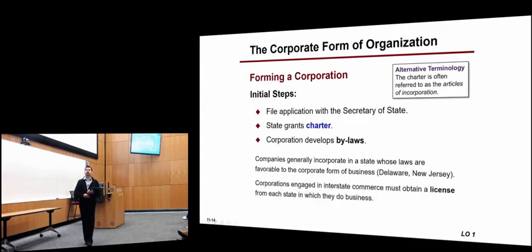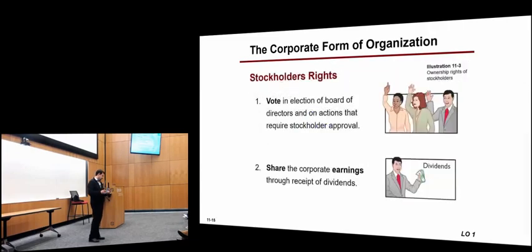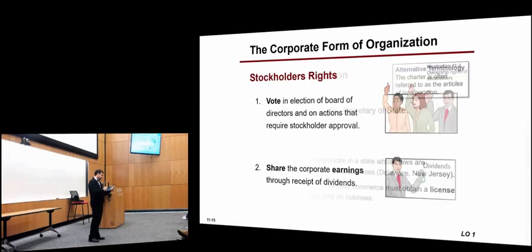Now, how is a company formed? A corporation is formed, it all starts with a charter. This is given by the state. So the state would grant the applicant a charter.